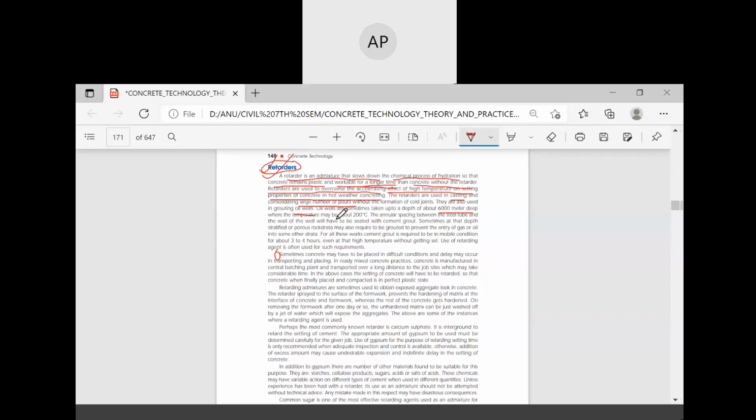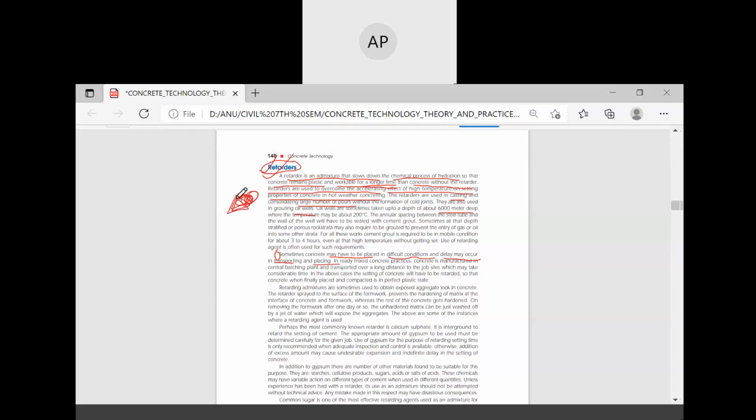Sometimes concrete may have to be placed in difficult conditions and delay may occur in transporting and placing, isn't it? Suppose you are in a hilly area, constructing a bridge. In hilly areas, from the place where concrete is made, that is called a batching plant, it is carried by a ready mix concrete truck.